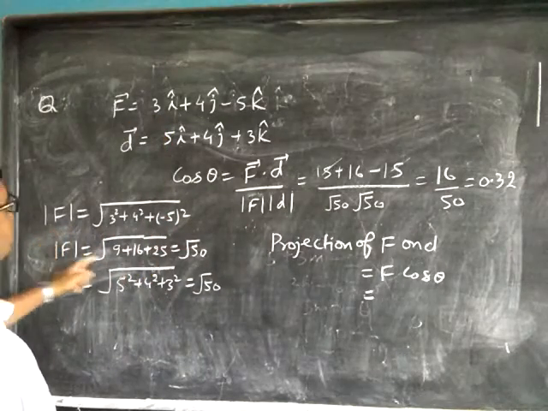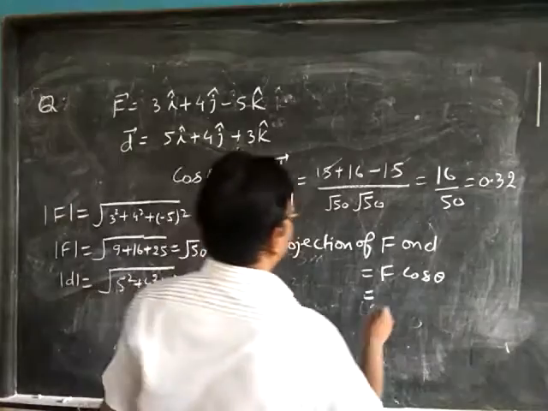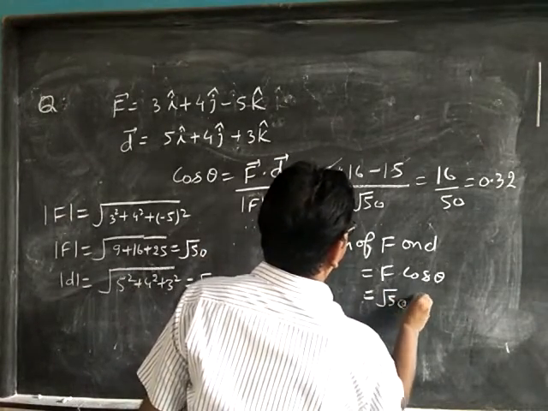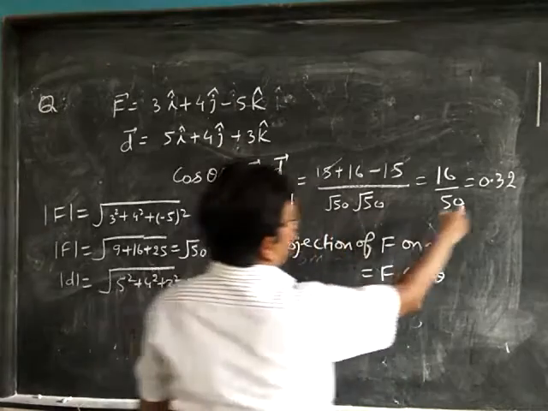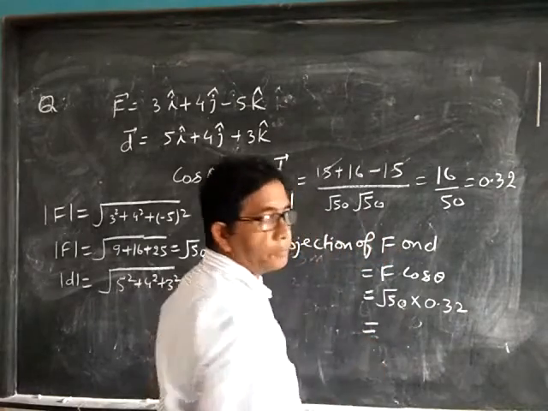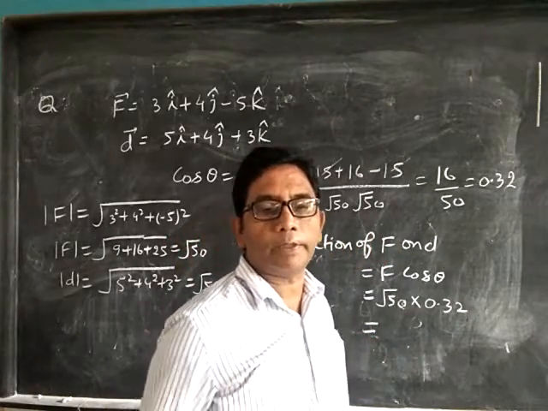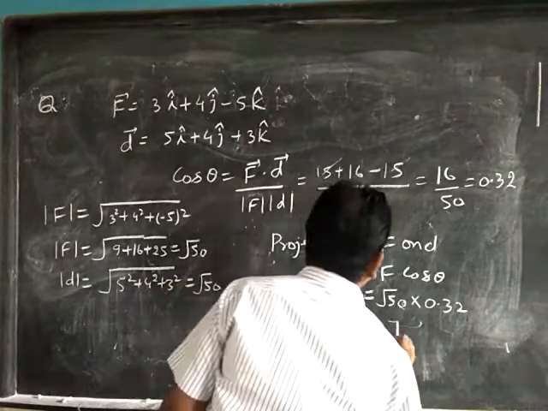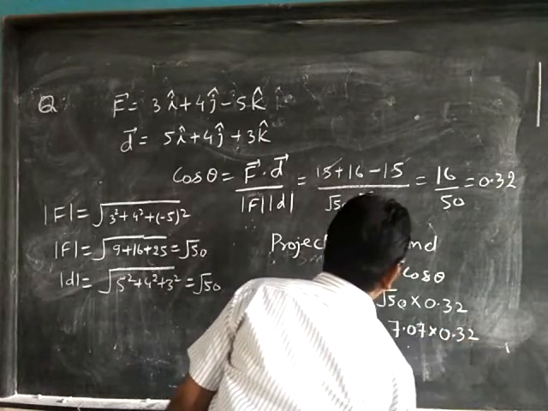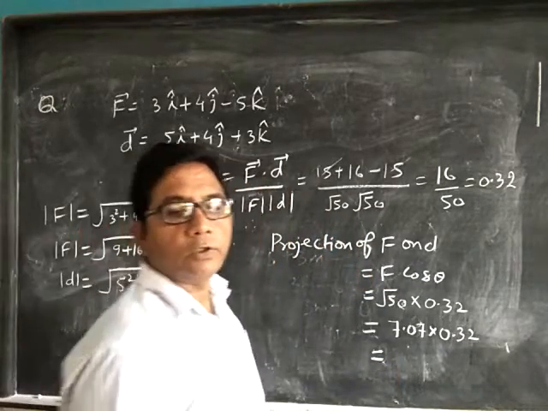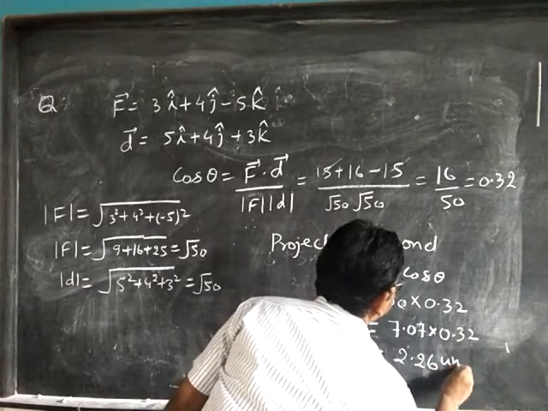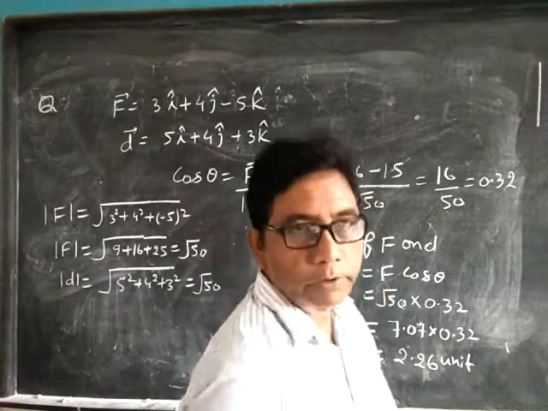That is under root 50, and the value of cos theta, that is 0.32. When we find the square root of 50, we get 7.07 into 0.32. We get the result 2.26 units. Thank you.